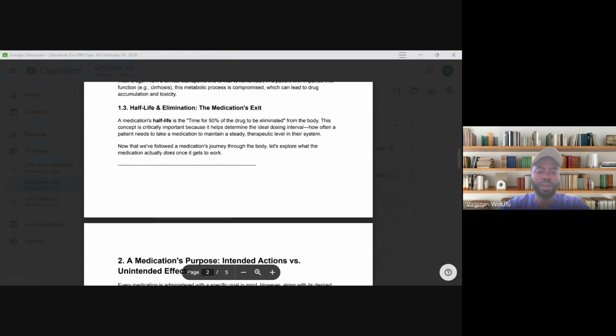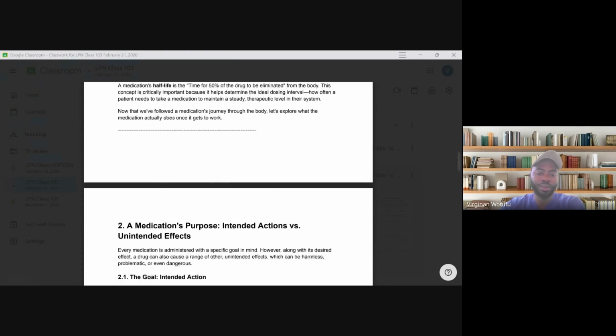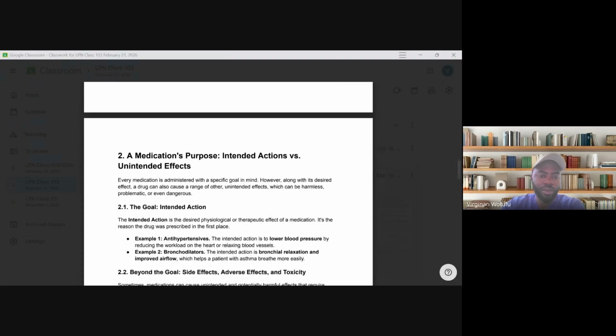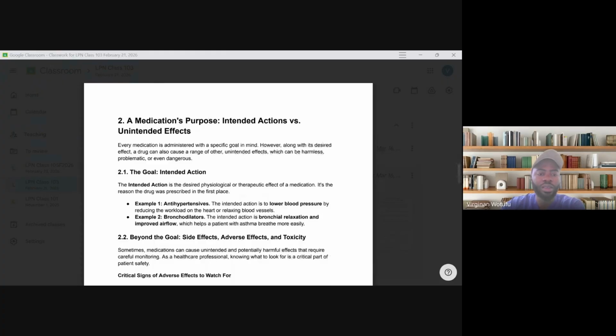So now let's look at the effects of medications. On this, we have intended actions versus unintended effects of medications. We'll be looking at side effects, adverse effects, and toxic effects, like toxicity.